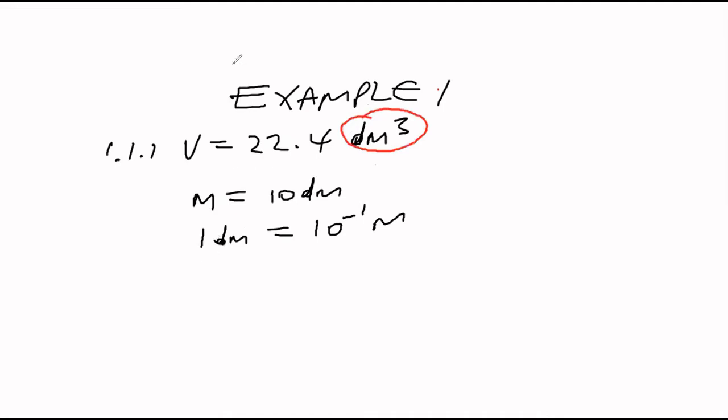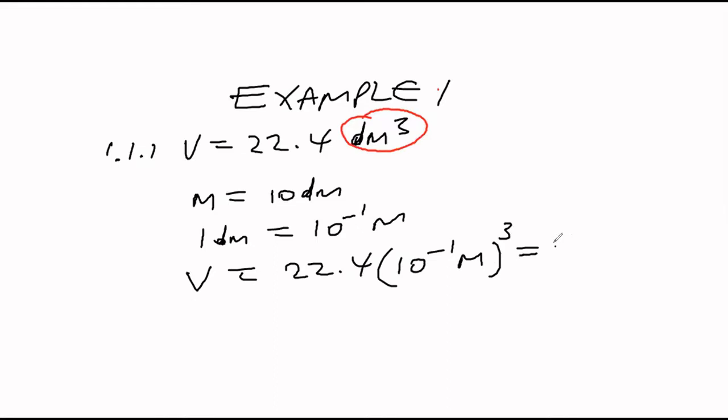So we're going to have V, which is equal to 22,4 times 10 to the power negative 1 meter, raised to the power 3. Okay, let's punch the calculator quickly. How much are we getting? The answer is 0,0224 meter cubed.